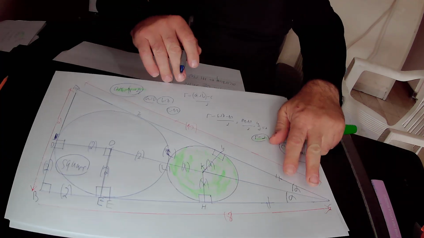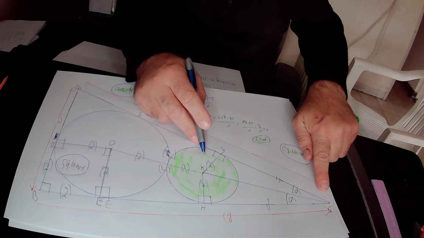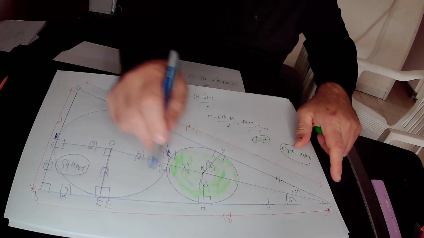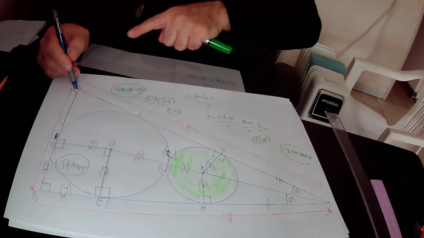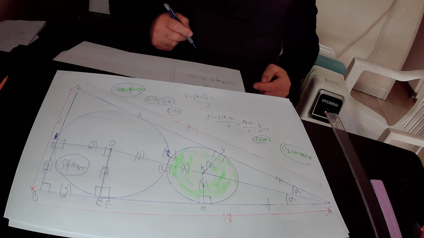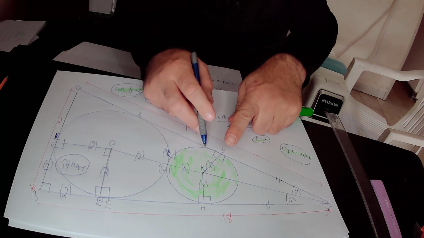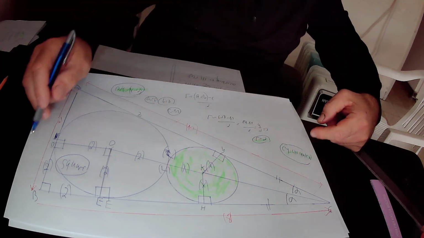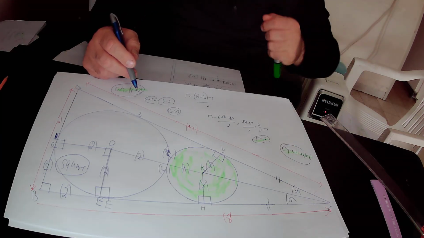So in total, we found out that KC is the angle bisector of angle ACB. Why? Because KC bisects angle ACB into two halves, each half equals alpha.